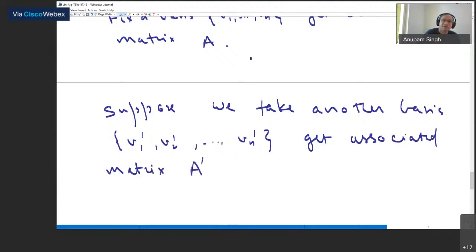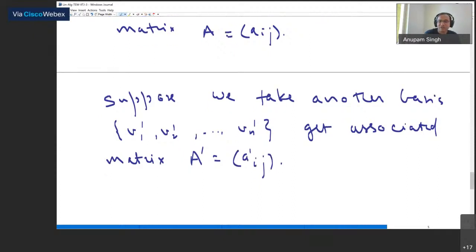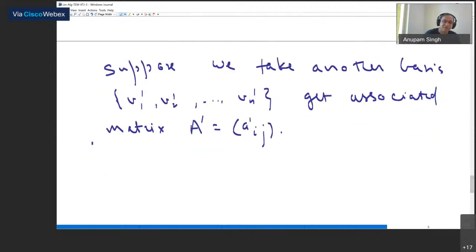So the entries of A we can call Aij here, and the entries of A dash we may call A dash ij if required. Now the question is how A and A dash are related. Both of these are in M_n(F), and how are A and A dash related?